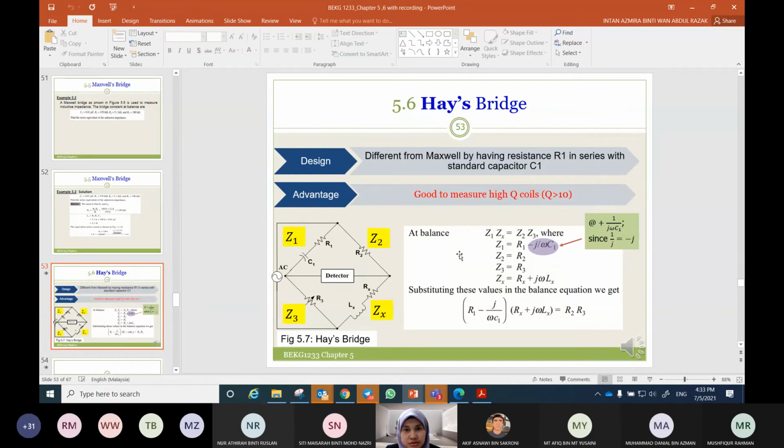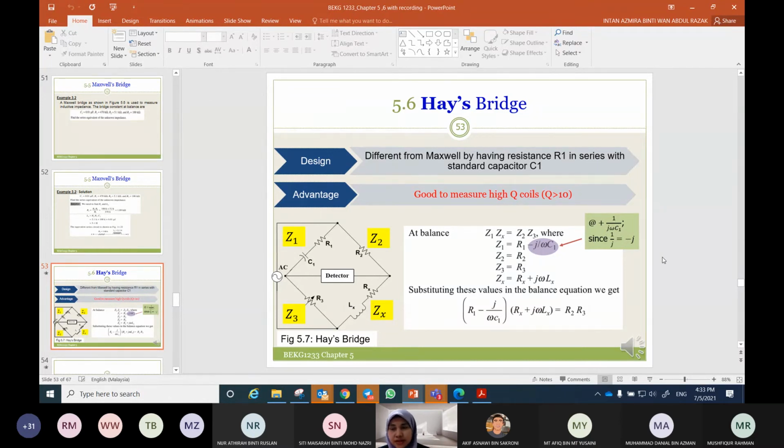So this is at balance condition: Z1 Zx is equal to Z2 Z3. Z1 is equal to R1 plus 1 over j omega C1, but since 1 over j is equal to minus j, understand or not?